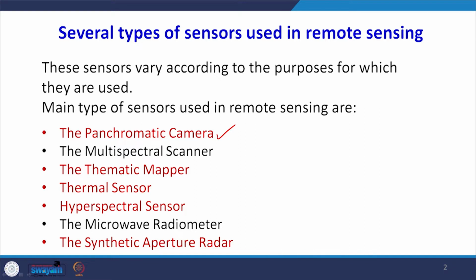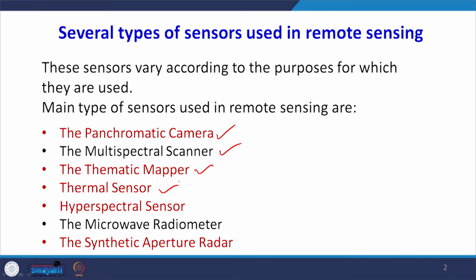Then we can have a multispectral scanner, where we get more than one band of data, so that we can use the spectral characteristics of the wavelength region to capture those images, and we can create a color composite also from the multispectral images. Then we have thematic mapper data, where more than 4 bands of data are available. Now we have an infrared band also.